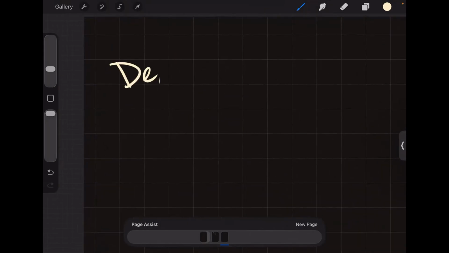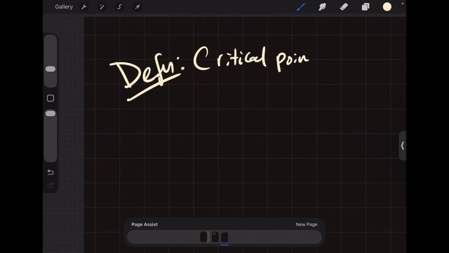So our first definition is going to be the definition of a critical point, which you might see me shorthand as CRTPT, whatever.